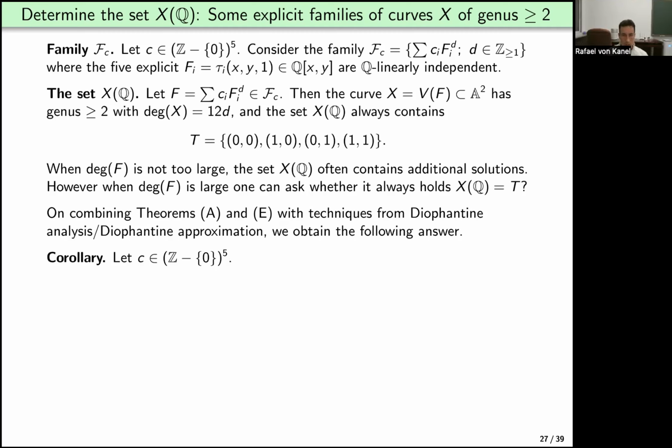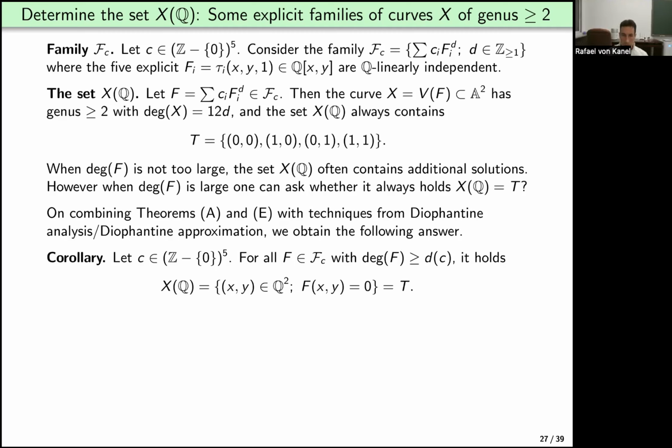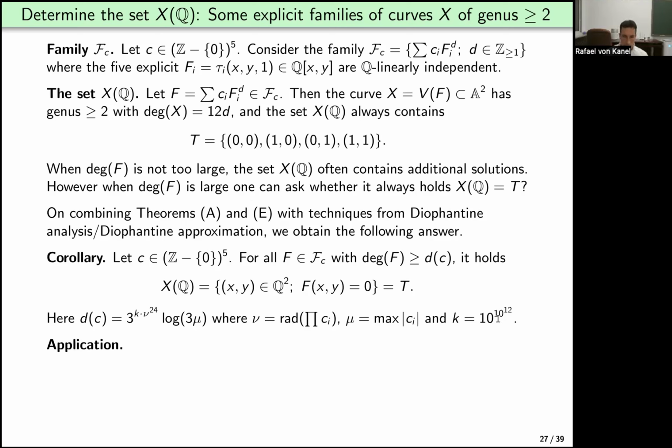So we fix again some coefficient vector c, and then for all F in this family F of c with degree greater or equal than d_c, we actually get that the Q-rational points are given by this set T. And here this d_c we can actually write down explicitly. It depends on the radical of these c_i's, and it depends on the absolute values of these c_i's and some huge absolute constant.